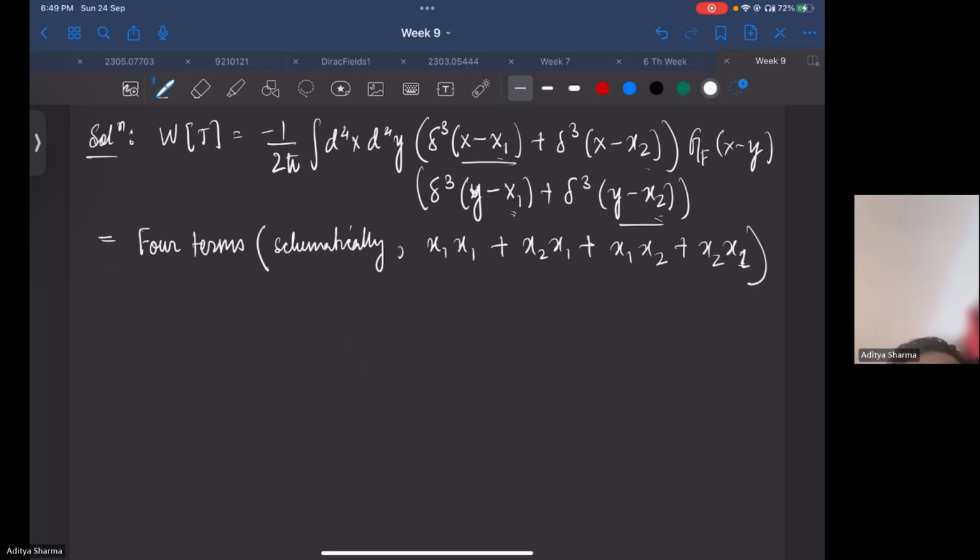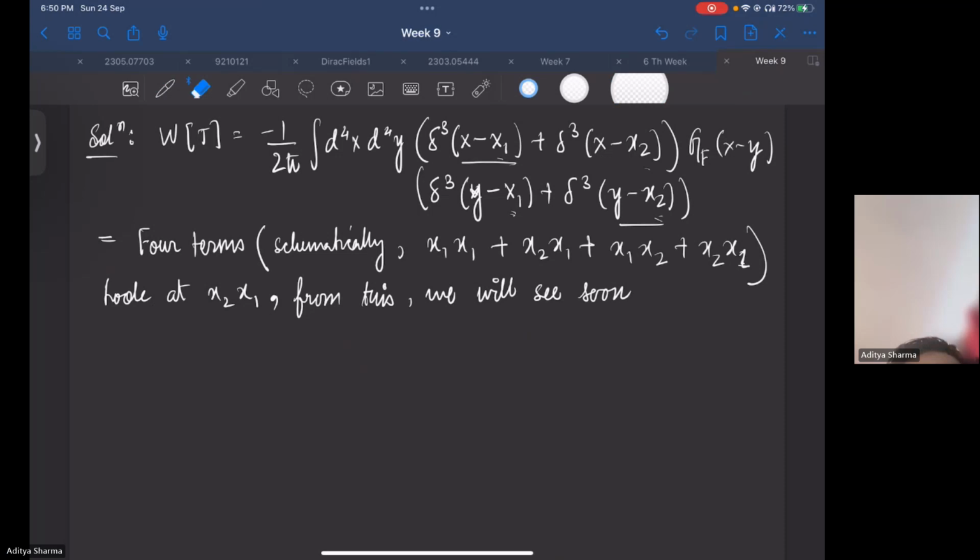Okay. We'll start with the calculation of that x2 x1. From the calculation we'll understand soon.